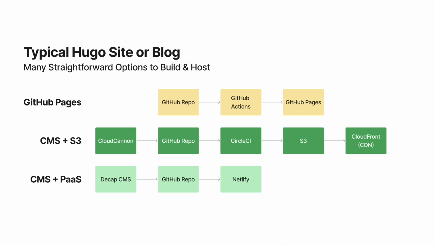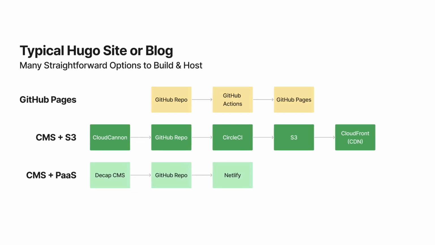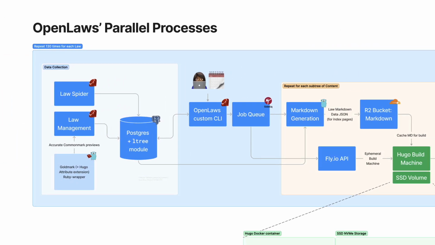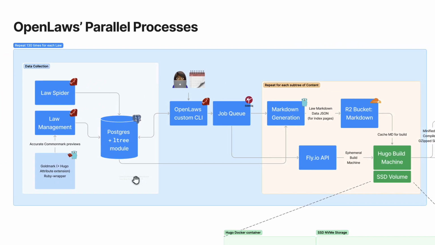You have a CMS, you might have a GitHub repo, or some sort of data store, and then you have CI, CD, and then a deployment to either Netlify or S3 and CloudFront if you're building more of your own pieces. We didn't take this lightly when we started building our own infrastructure. We knew that we were heading down a road with a lot of complexity, but we really felt that getting the additional parallelization and being able to build in a more reasonable time frame was really important to us.